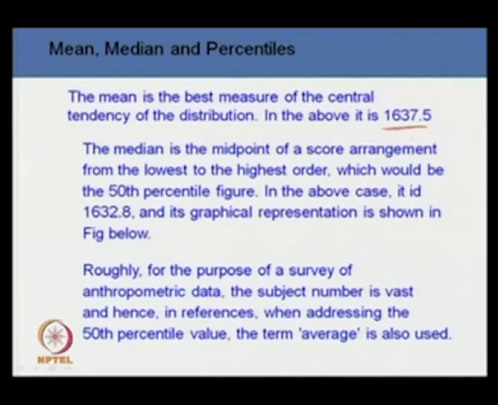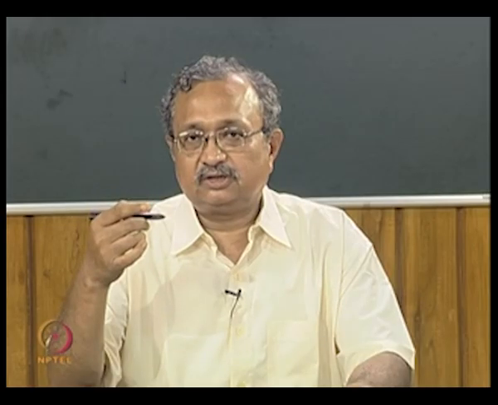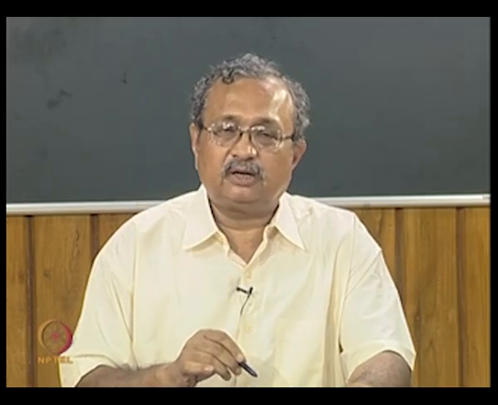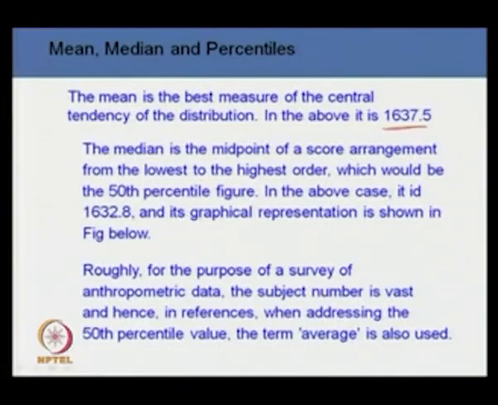This may be due to non appropriate sample size. So, wherever this possibility is there, it would be better to take the 50th percentile value. The median is the midpoint of a score arrangement from the lowest to the highest order, which would be the 50th percentile figure. In the above case, it is 1632.80 and its graphical presentation is shown in the figure below.